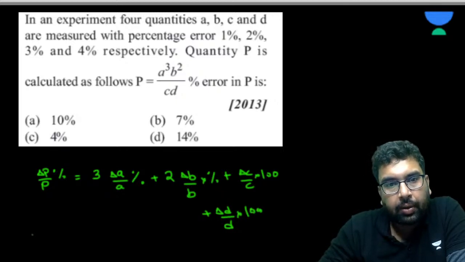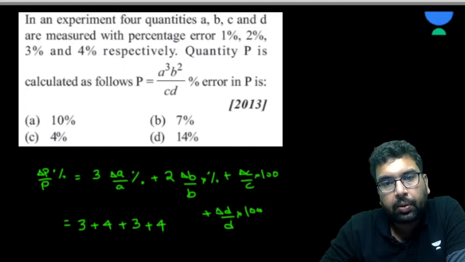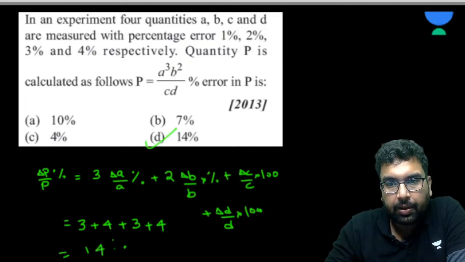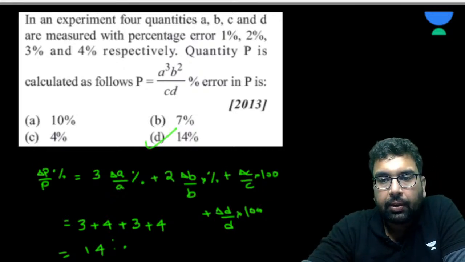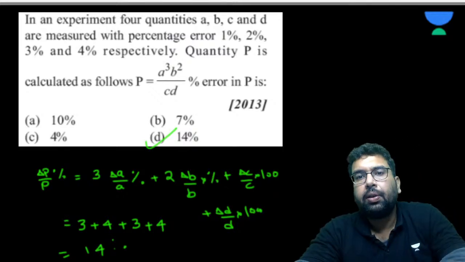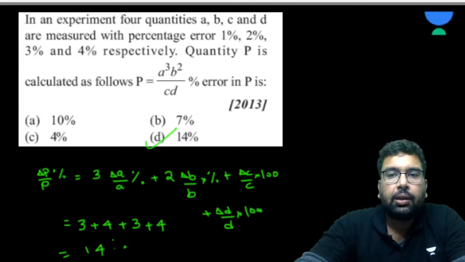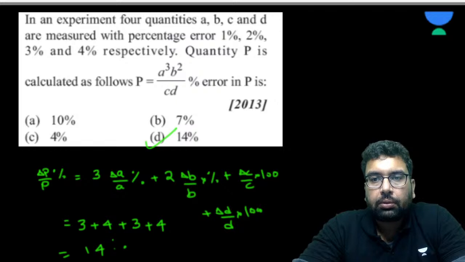Very simple question, no? So it is going to become 3 plus 4 plus 3 plus 4, which is 14%. Nice question, isn't it? Okay, so just a few questions left. Let's go with it.